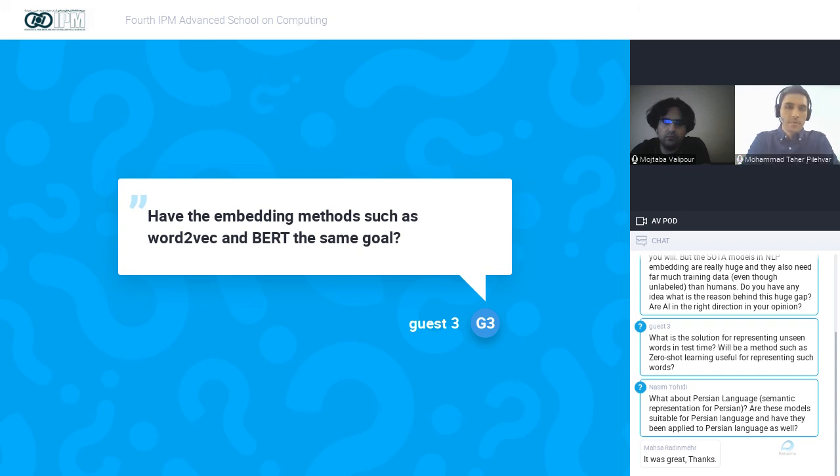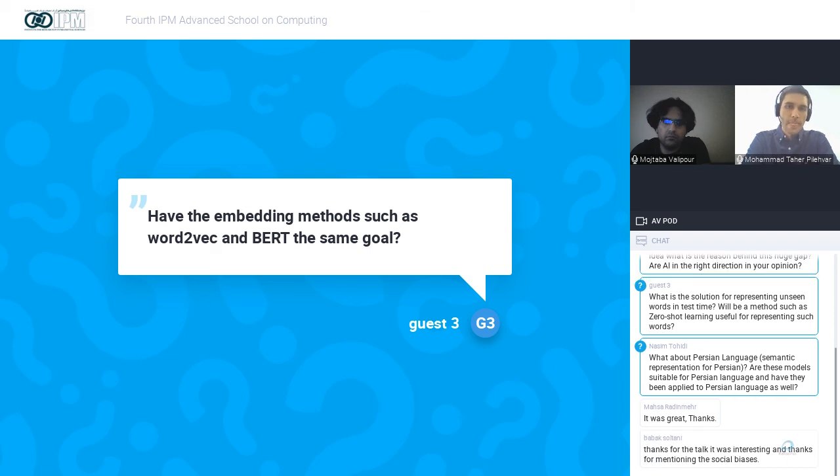Like in Word2vec, as I said in this talk, we have two algorithms. In one of them, you are dropping a word from a sentence and you're trying to guess that at the output. And in the other one, it's a reverse procedure. Like you have a word and you have to guess what are the possible contexts, what are the possible other words that can appear beside that.